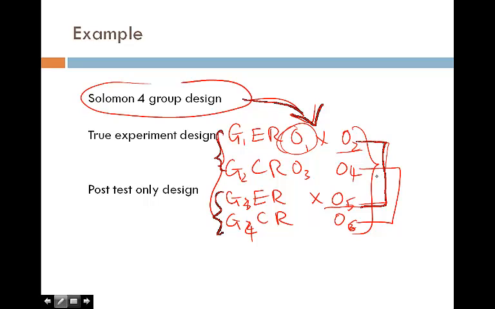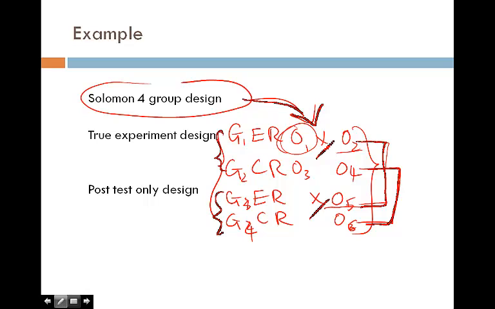We can also compare the control groups to see any pre-test effect. We can also compare the treatment effect to see whether the treatment has any impact. And then we can do other comparisons as well. So the Solomon four-group design gives us more options for comparison.